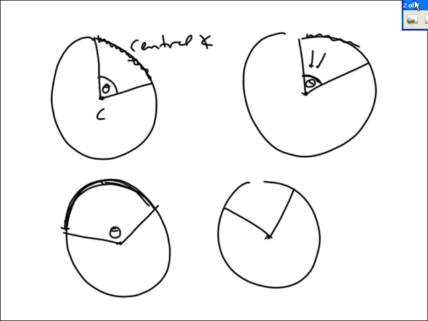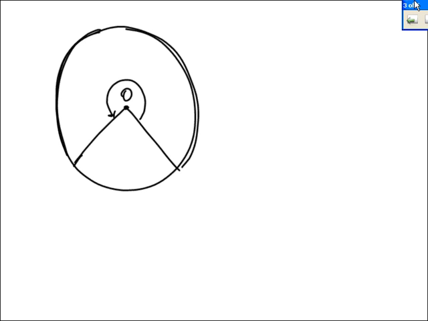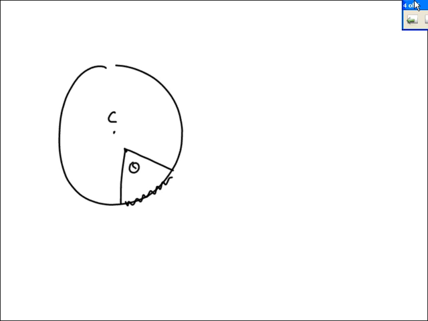On this page right here, that's not the central angle because it didn't start from the center.